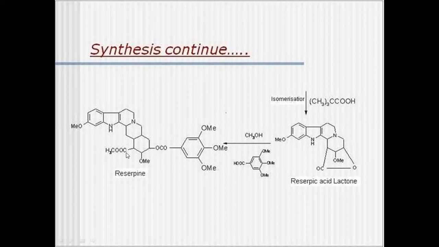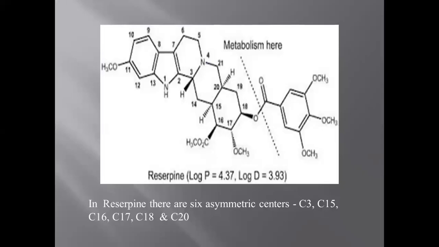Here actually we will have 1 acid group. To this we are adding methanol. OH from methanol and hydrogen from acid are lost in the form of water to form another ester linkage. Thus we finally get reserpine by simply combining reserpic acid, methanol and trimethoxybenzoic acid. That is about the synthesis of reserpine.